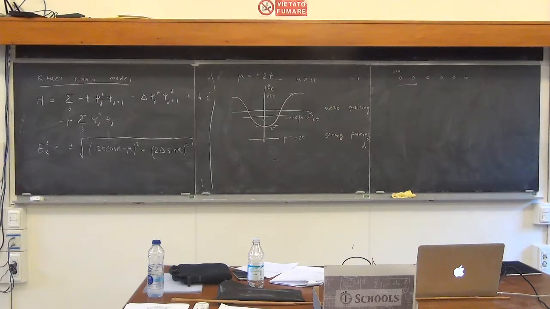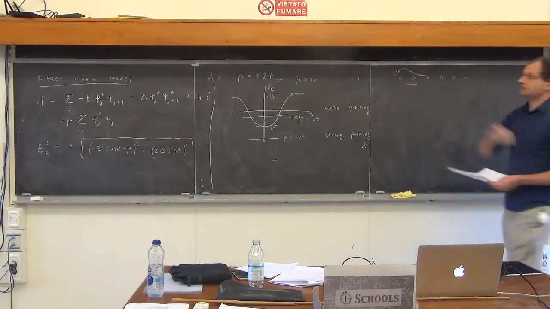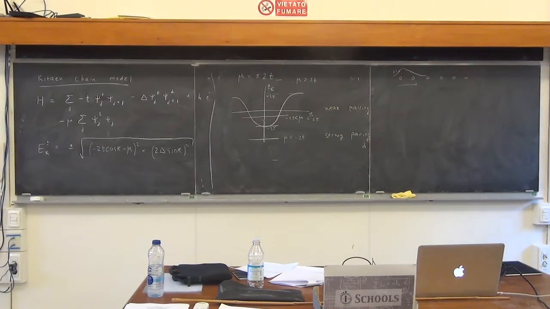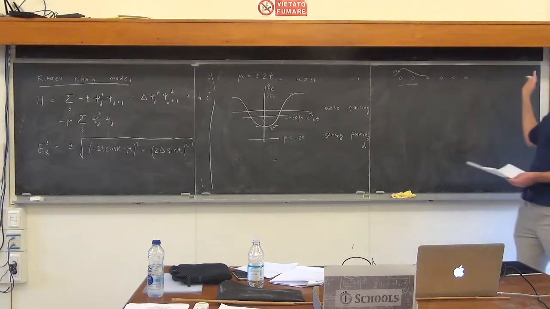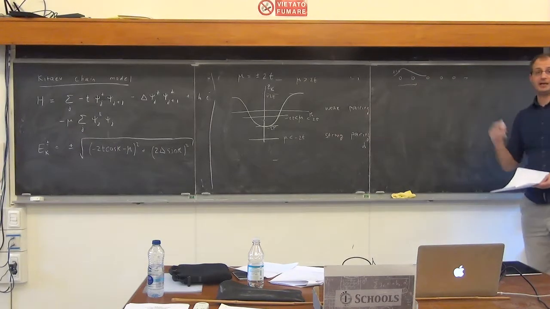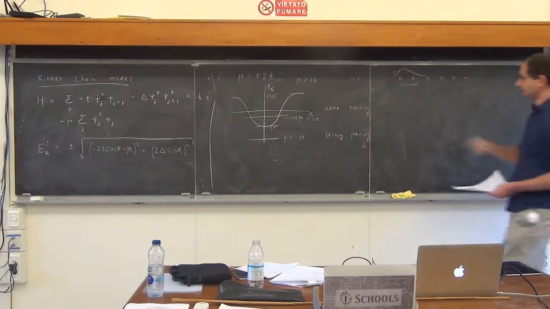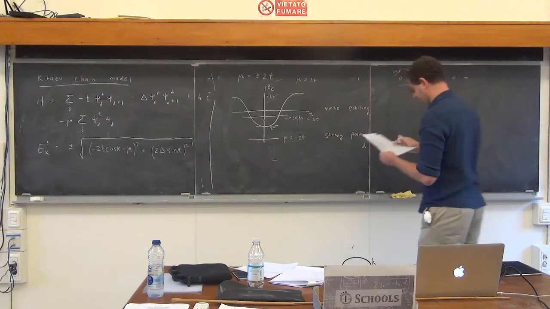Then when I move around, as long as the bulk gap doesn't disappear, if I find one isolated zero mode bound to this end, there must be another one at the other end, but as long as the correlation length is finite, as long as the bulk gap is open, these are not going to be able to disappear or move away from zero energy unless I go through a phase transition.